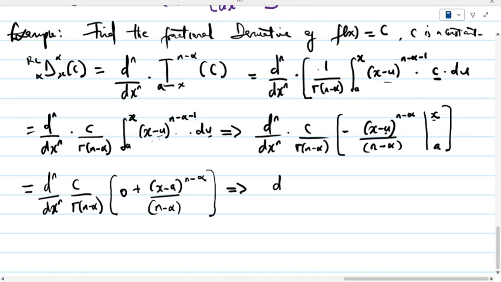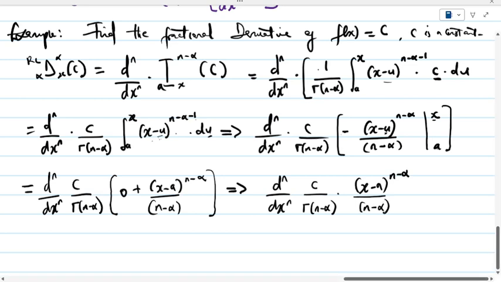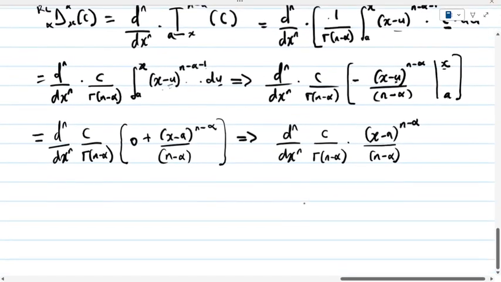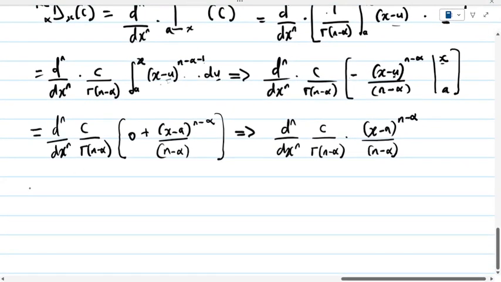So if we simplify that, we have d^n over dx^n, c over gamma of n minus alpha, times (x minus a) to the power n minus alpha over n minus alpha. So we are through with the integration now. The next operation is the differentiation, so we are differentiating with respect to x.